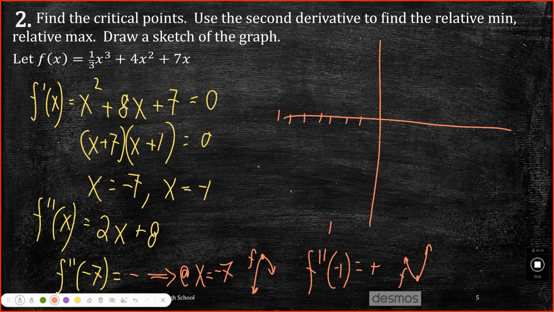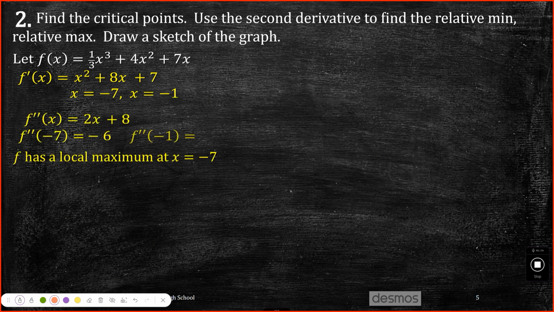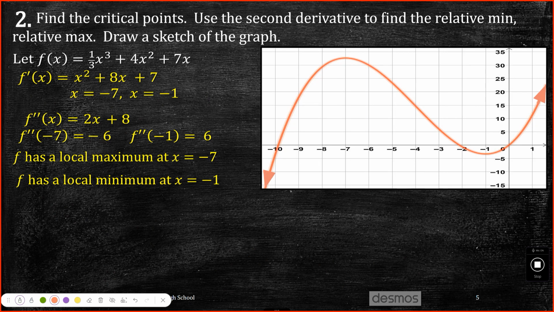So you can go ahead and plug -7 into f to find the actual max of f. Then you can plug x equal -1 in here to find the relative min. I'm not doing that. So f has a local maximum at x equal -7.